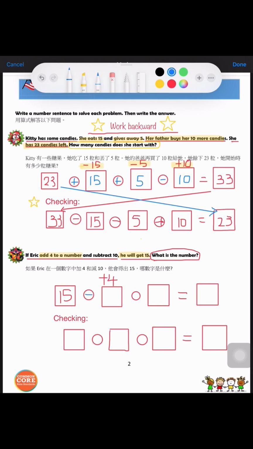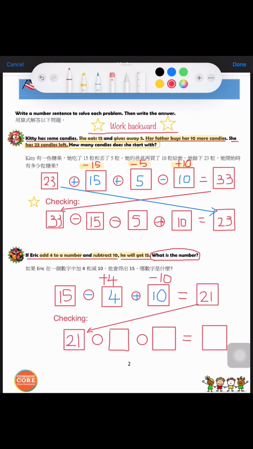But since we work backwards, it will be minus 4. Then he subtracted 10, so it should be minus 10. Since we work backwards, we change it to plus 10. Which equals to 21.